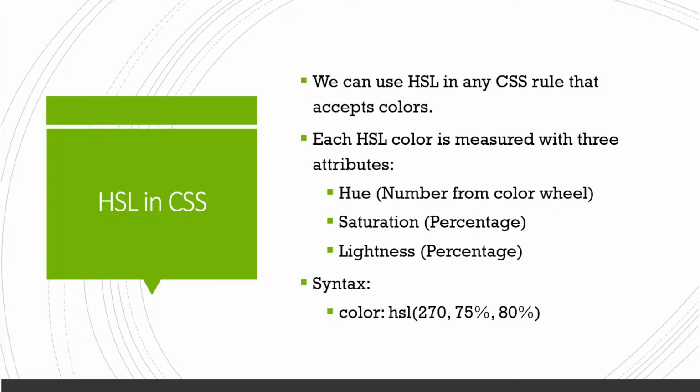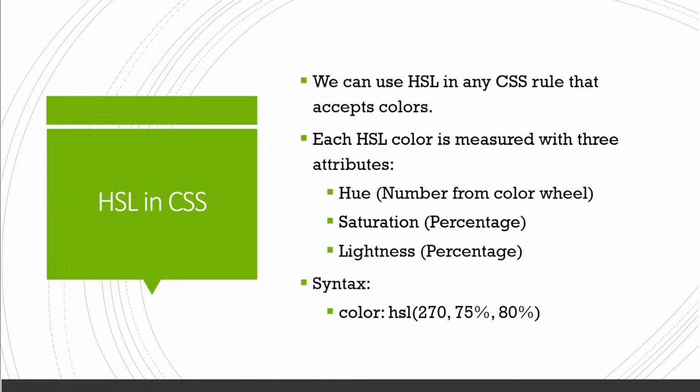Because when we talk about analogous, or complementary colors, we can more easily determine these colors. So when we are looking at HSL, we have an HSL color wheel, which we will see on the next slide.